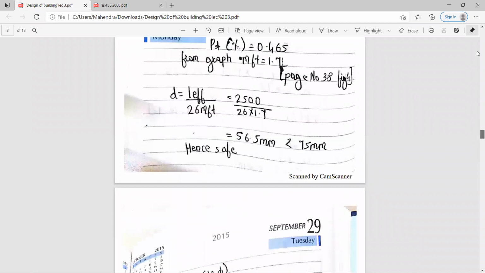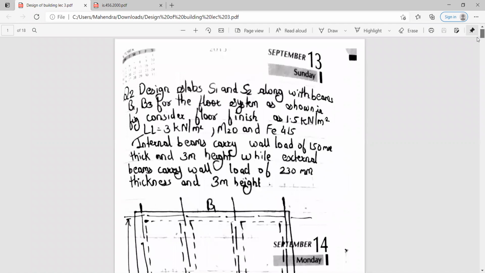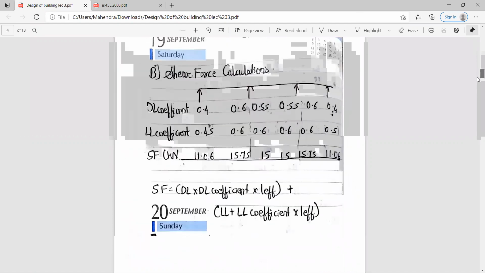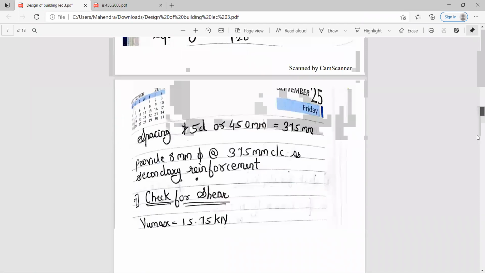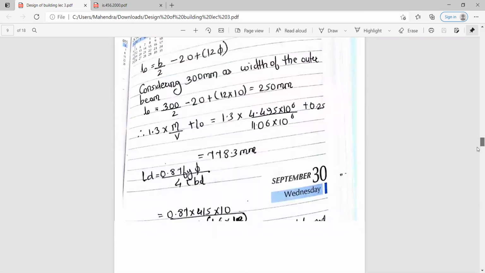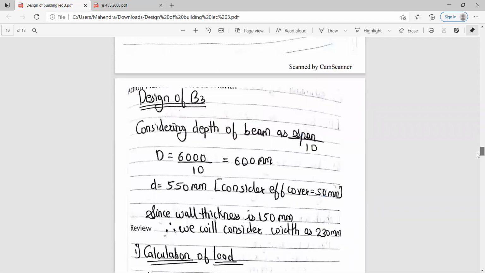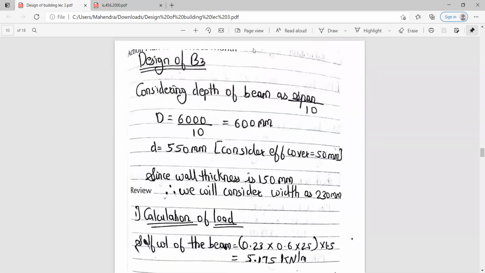Span is total 6000. See here, this one. This is your total span. So we just substitute the value for the span, that is 6000. So you have to consider the depth of the beam as span by 10. 6000 by 10, so you get the depth as 600 mm.